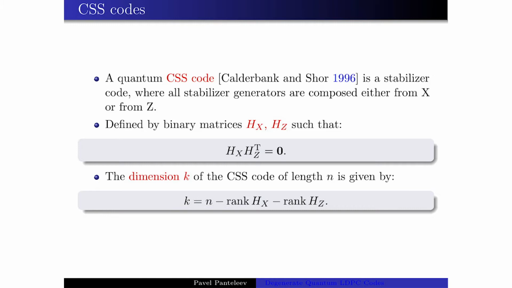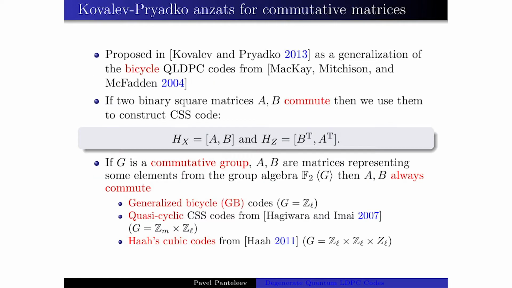The dimension is given by this formula. As the first part of our new codes, we used the class of codes that was proposed by Kovalev and Pryadko, the generalized bicycle QLDPC codes of MacKay et al.